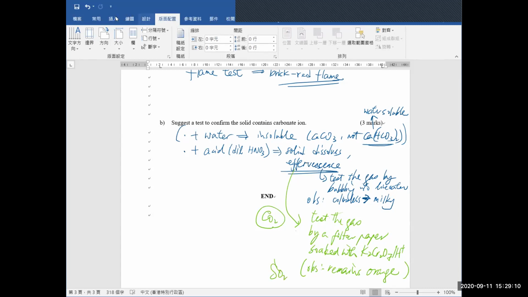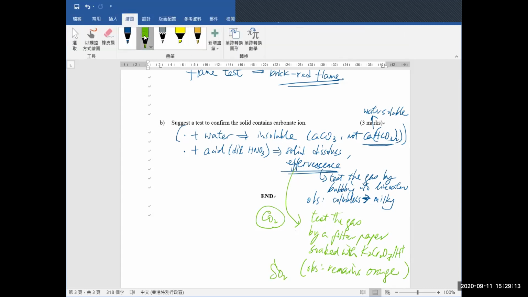Can you get the logic? This time I have to rule out the possibility. That type of process we call a confirmatory test, to rule out. Sometimes it is to confirm something, but at the same time it can be used to rule something out. This time I would like to rule out the possibility of it being SO2. Can you get my point?